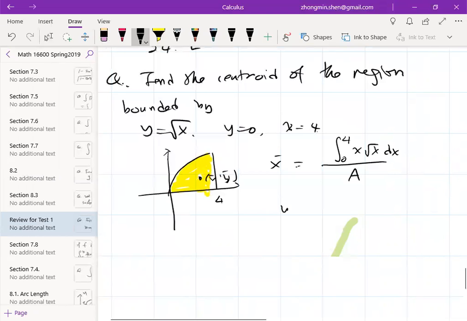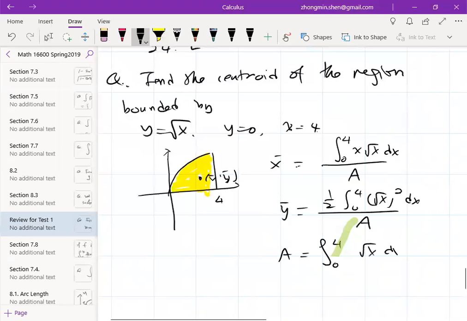And y bar is going to be 1 over A times half of the integral of f squared. And here A is the area, the integral from 0 to 4 of the square root of x dx.